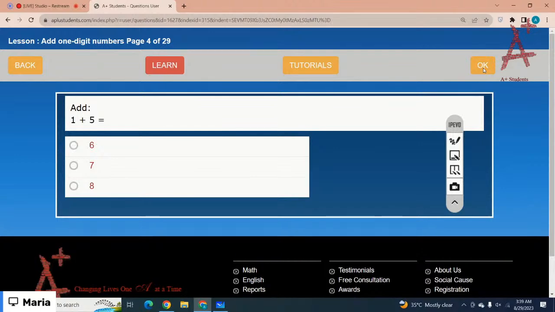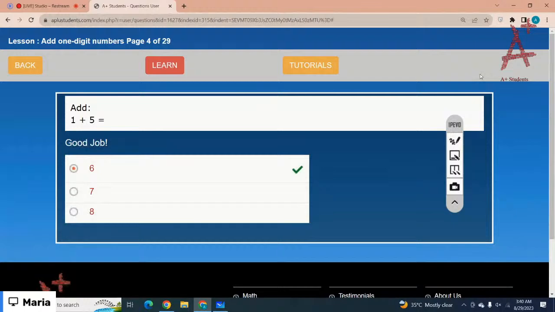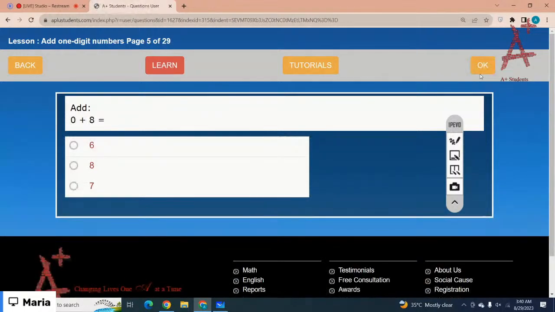1 plus 5 makes 6. The correct option is 6. 0 plus 8 makes 8.